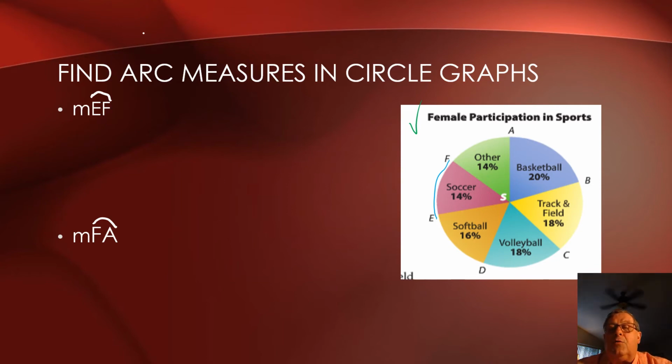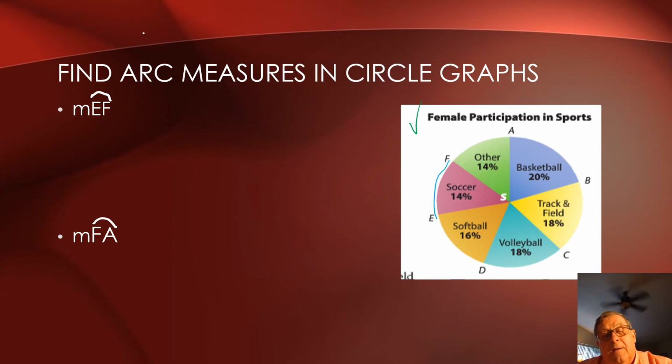And so if the total rotation is 360 and this arc represents 14% of that, we can multiply the decimal measure of 14% times 360.